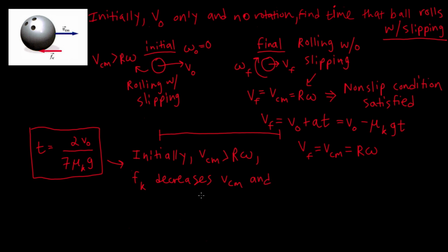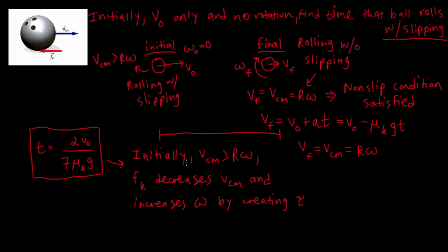It's going to decrease this velocity, or in other words, it's going to slow down the bowling ball, and in turn it's going to increase the angular speed. And it's going to increase the angular speed by creating a torque. Since the frictional force acts at a distance from the axis of rotation, it generates a torque, and that causes the object to rotate.